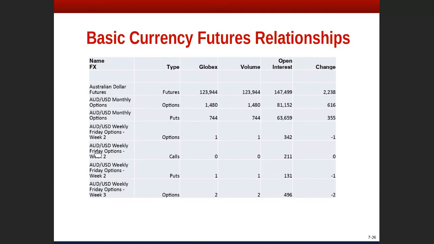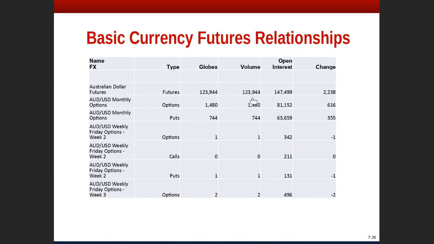I'm showing you a few quotes here. The first one deals with the Australian dollar futures, vis-a-vis the US dollar. We're looking at futures and options here. On the Globex, we had that many contracts.